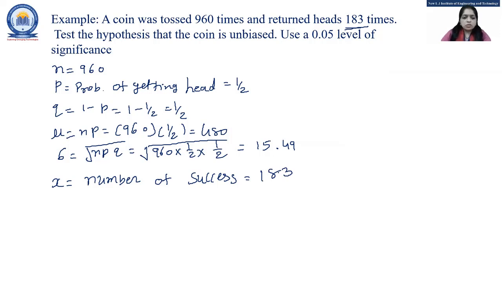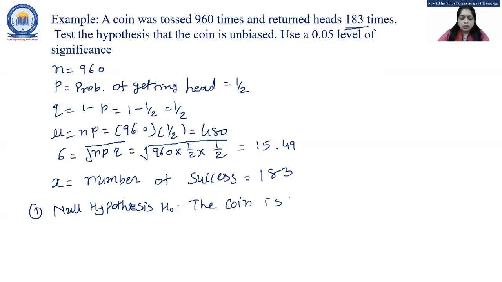Let's start the solution with number 1, that is the null hypothesis, H naught. Here we have to set up our H naught: the coin is unbiased.